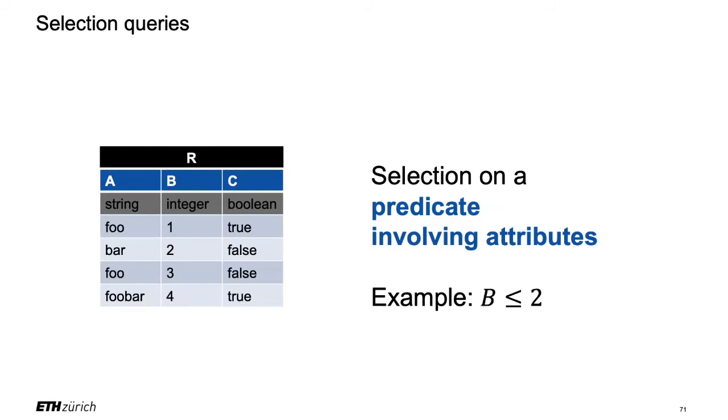Domains string, integer, boolean, and then the first 2 rows. Yeah, the same domains. And you said the first 2 rows. Yes. So you see that if you evaluate that predicate B is smaller or equal to 2, it's going to be true for foo1 true. It's going to be true for bar 2 false. It's going to be false for foo3 false because 3 is greater than 2. And it's going to be false for foo bar 4 true. So you eliminate that as well.